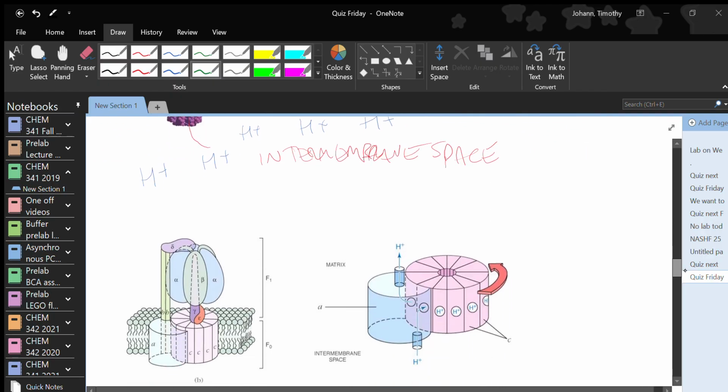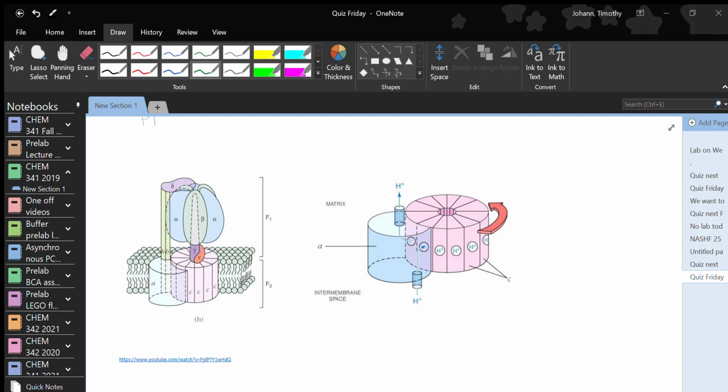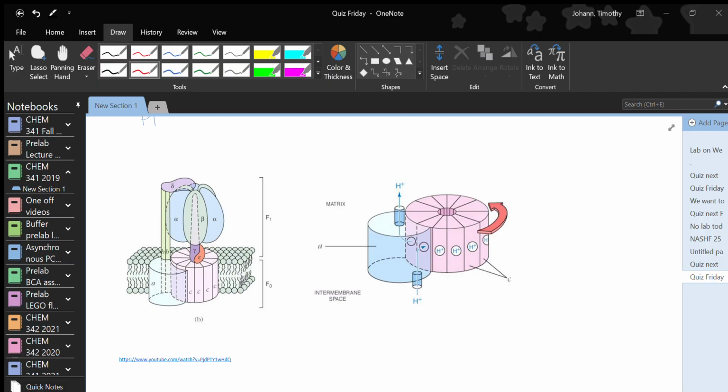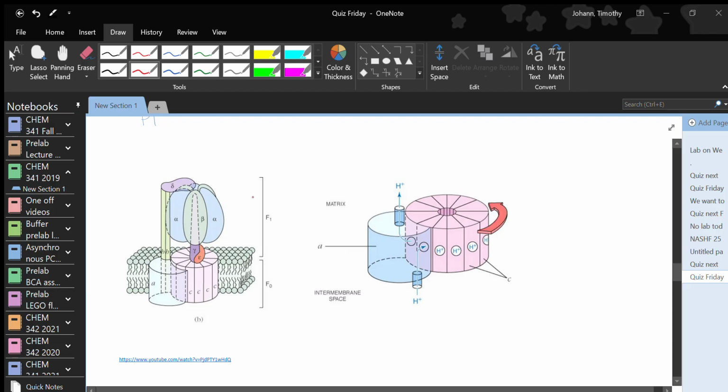So let's take a look. We've got a better diagram down here, or a more, I don't know if I'd say accurate, but because the other thing's actually a crystal structure. So we've got this thing right here on the right, and this shows it a little better. So what we've got to make ATP, I'm going to write this out. We've got different subunits for this, the way it's labeled. We have these C's, right? You see that? Those are C's.